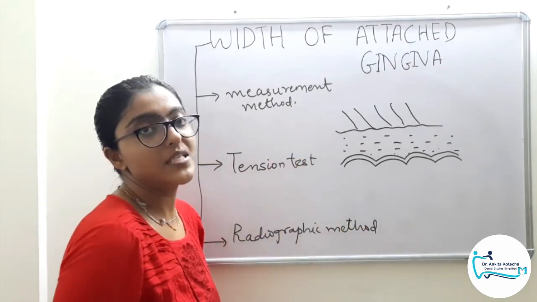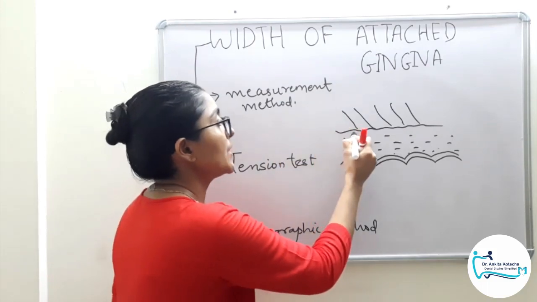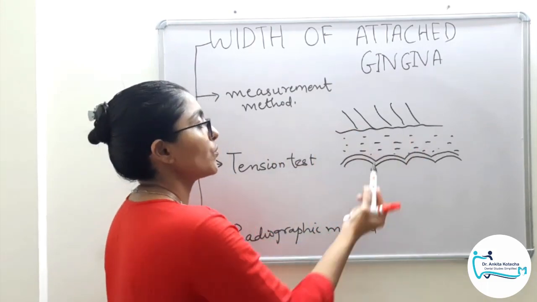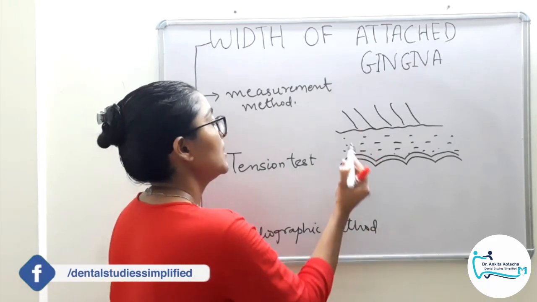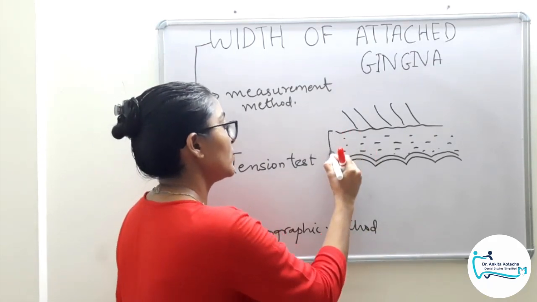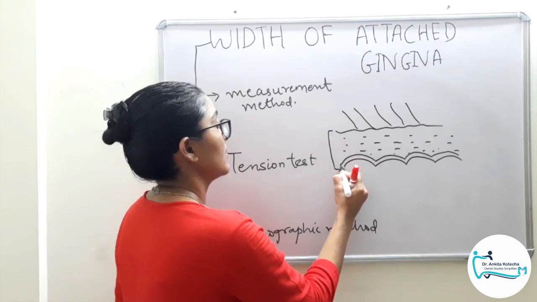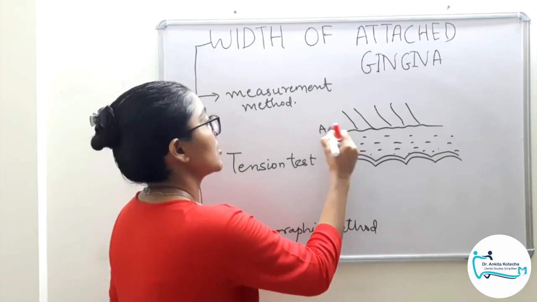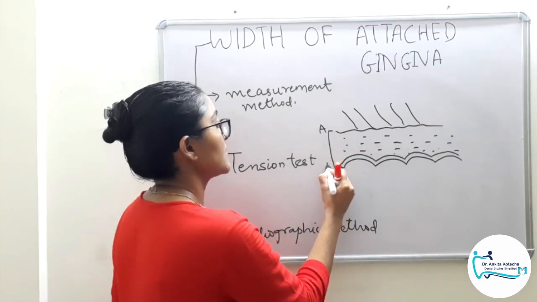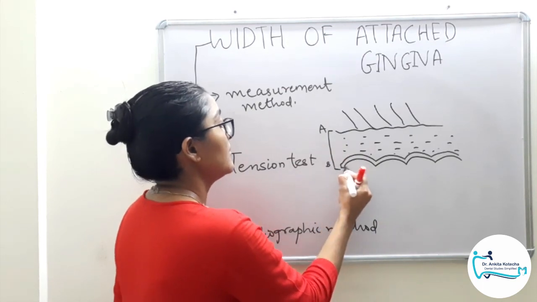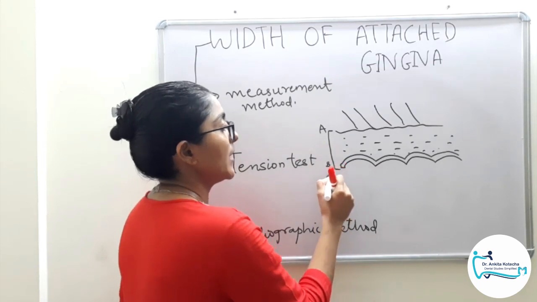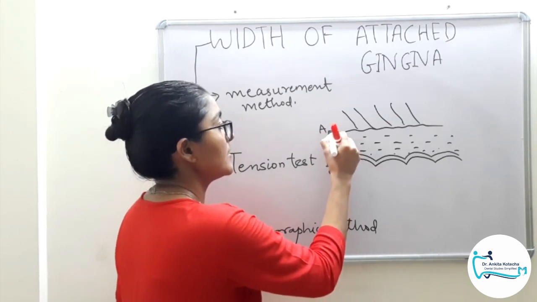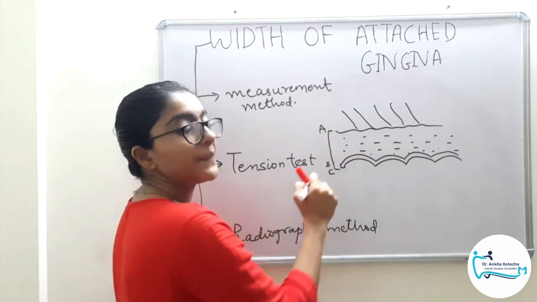Beginning with measurement method. Here, now that we know where the mucogingival junction is, with the help of any calibrated probe, let us say periodontal probe, we have to measure 2 distances. Let's say mucogingival junction is A, the base of the sulcus or pocket is B, and the free gingival margin crest is C. So we have to measure the parameters, that is AC and BC.